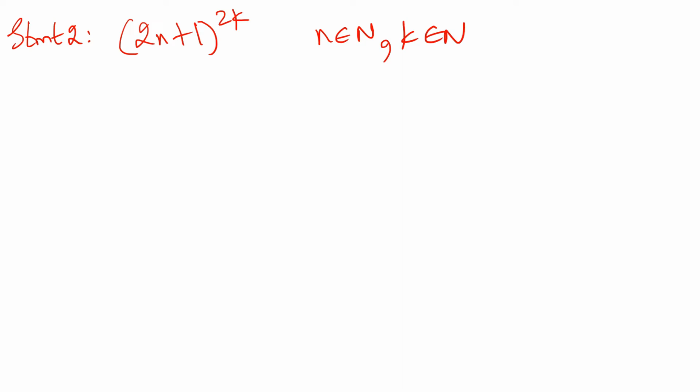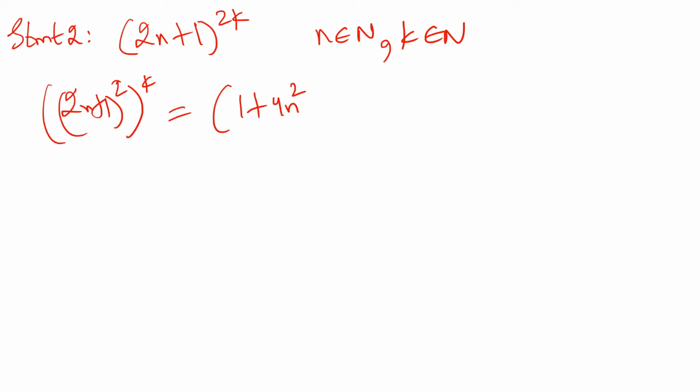Now to solve this question, I will be using binomial theorem. So 2n plus 1 whole power 2k can be written as 2n plus 1 whole square whole power k. Now this 2n plus 1 whole square is nothing but 4n square plus 4n plus 1. That means 1 plus 4n square plus 4n whole power k.